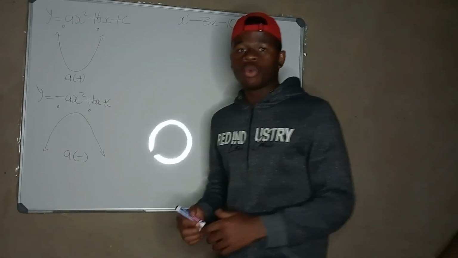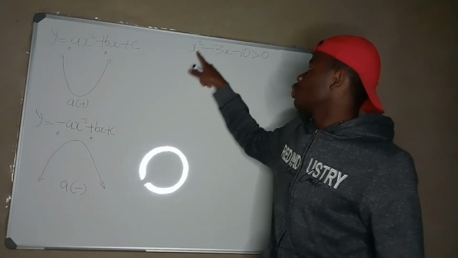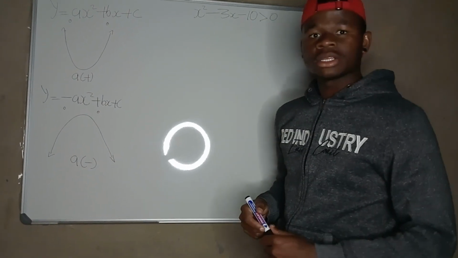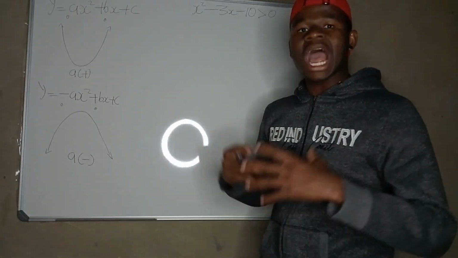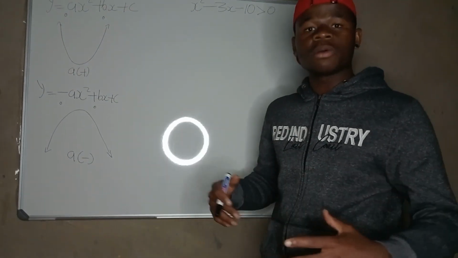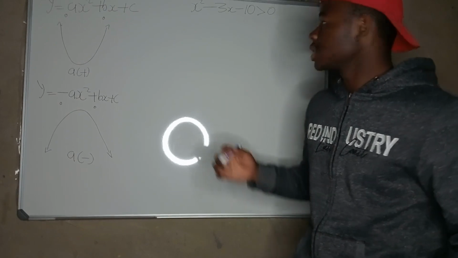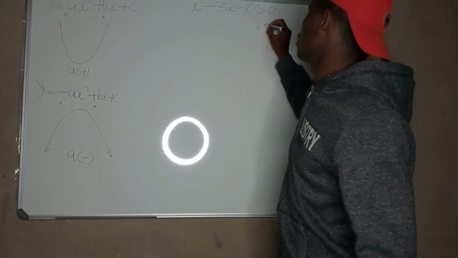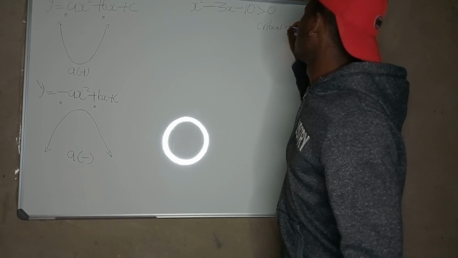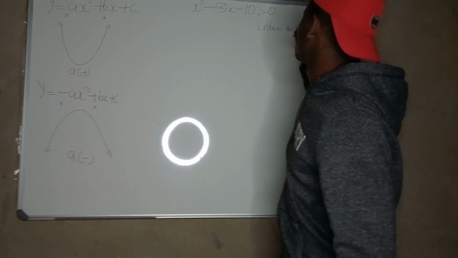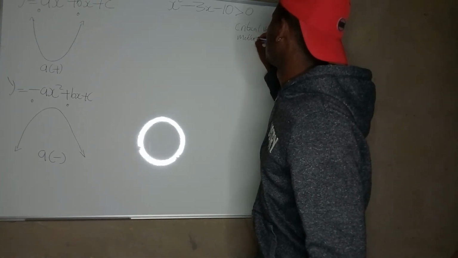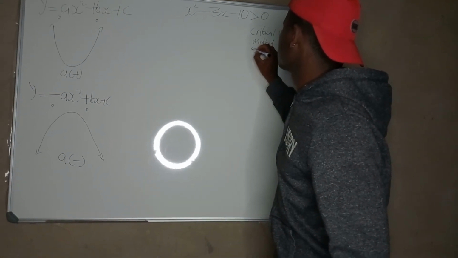Right now we are given x squared minus 3x minus 10 less than 0. How do you perform the necessary procedures? You are going to look for the critical values, the method, and the solution.